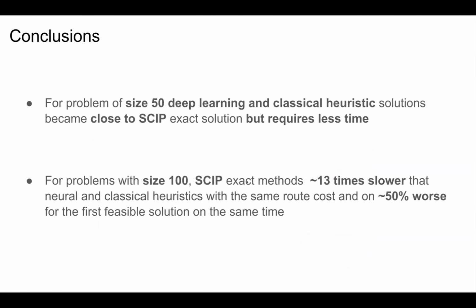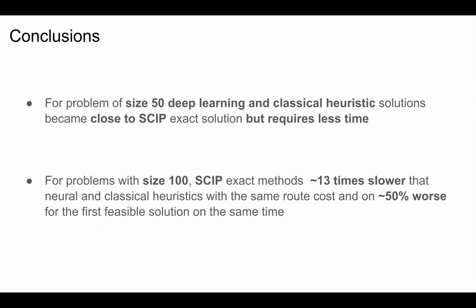In the end, we conclude that for the size of 50, the neural and classical heuristics are close to SCIP, close to the exact solution, which means the choice of model mostly depends on the restriction of the maximum optimization time of the problem.